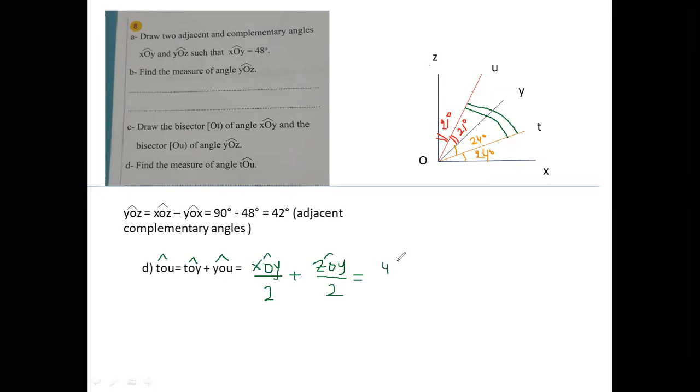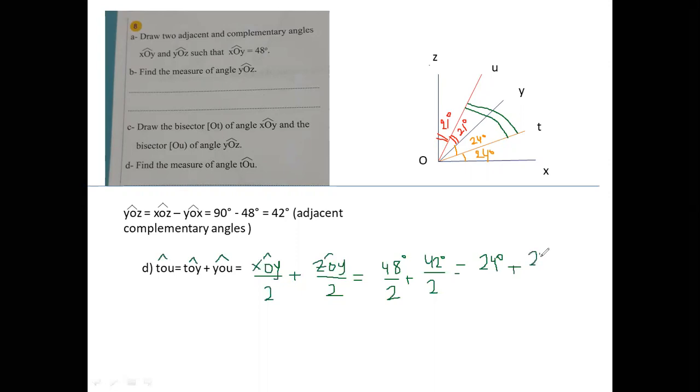XOY measures 48 degrees and ZOY measures 42 degrees. 48 over 2 is 24 and 42 over 2 is 21.